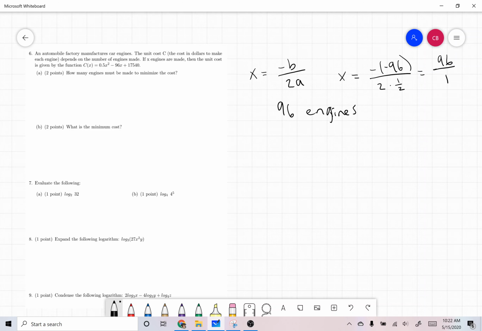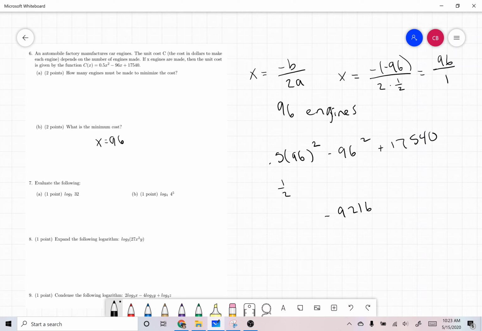What is the minimum cost? So if they're going to produce these 96 engines, what's the minimum cost? Then that's going to be 0.5 times 96 squared minus 96 squared plus 17,540. I don't know what 96 squared is. 96 times 96, so this is going to be 9216.